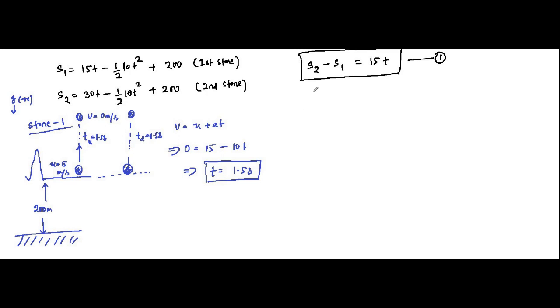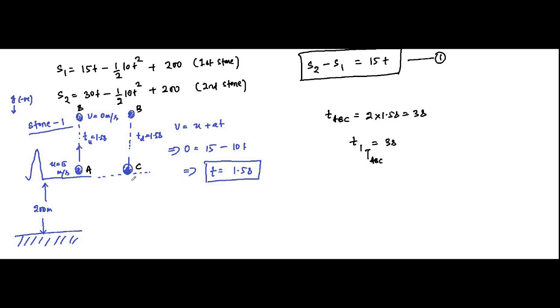Time of ascent is equal to time of descent for freely falling objects under the influence of gravity. So if we name these points A, B, C, the total time from A to B and from B to C is 2 into 1.5 seconds, that is equal to 3 seconds. The total time for stone 1 is 3 seconds, up until this position, A, B, C.